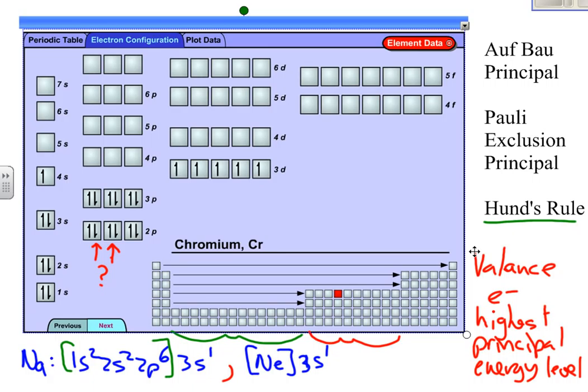As you add more electrons, those energy levels are getting closer and closer together. And so it's minimizing energy by taking one of those electrons in the 4s and putting it up in the 3d's.